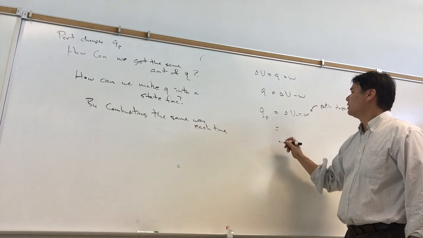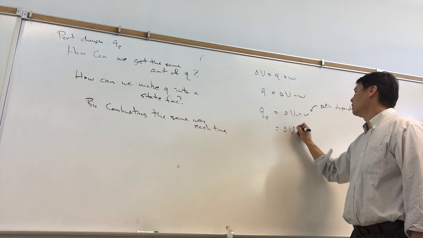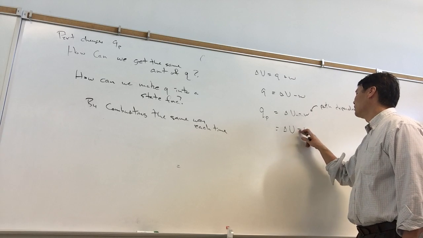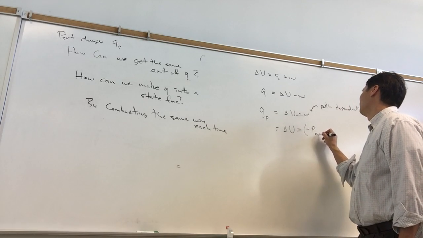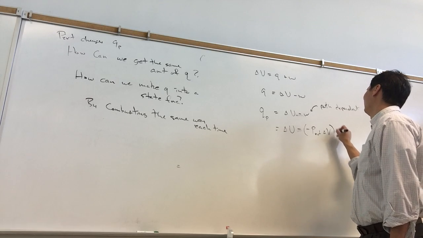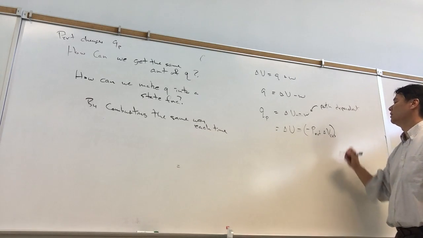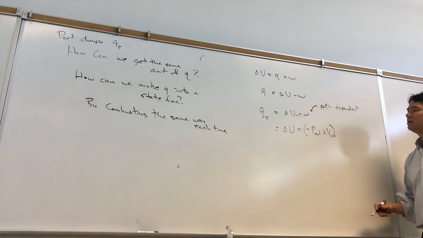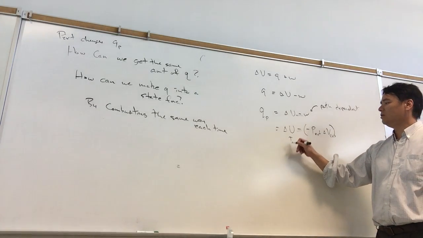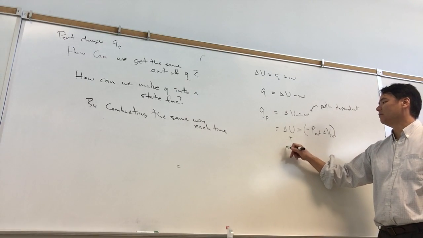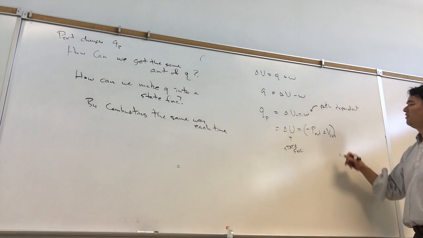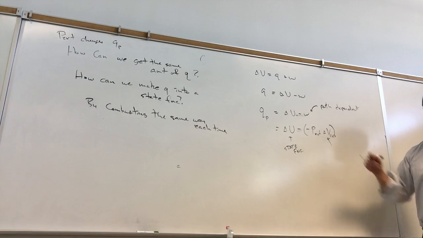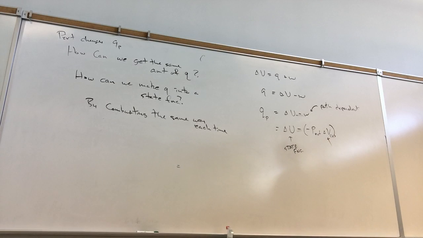Then we restrict the work to only P delta V work. And so we just do minus P delta V of the system. Now this is interesting because delta U is a state function. How about delta V? Is a change in volume a state function? Let's say we lost 50 liters.